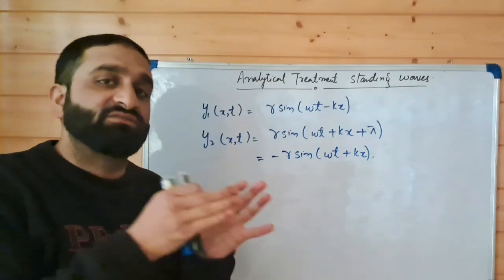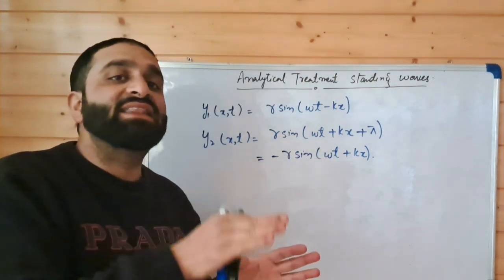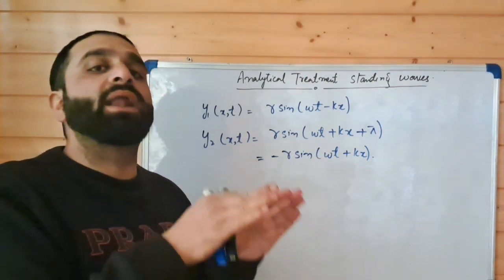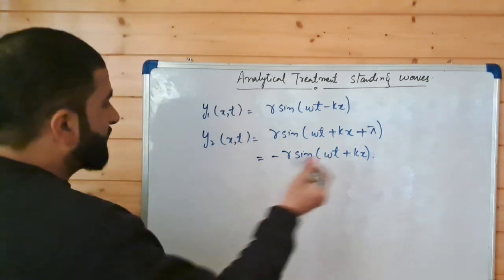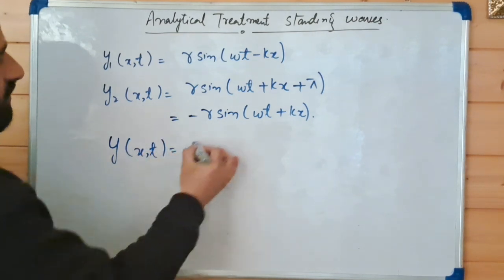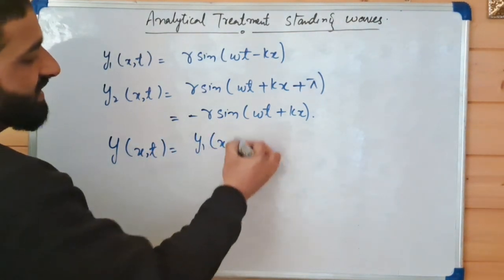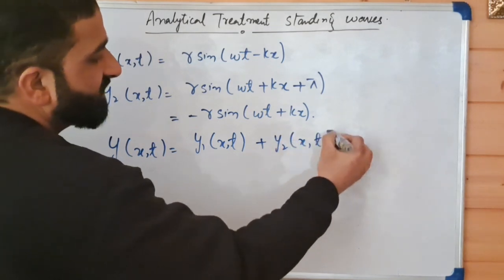When those wave trains, the incident and the reflected one, superimpose on each other, they lead to the formation of standing or stationary waves. So the stationary wave will be y(x, t) is equal to y1(x, t) plus y2(x, t).